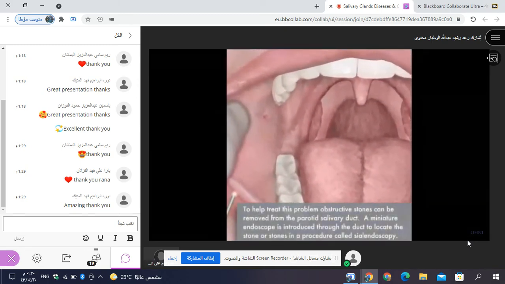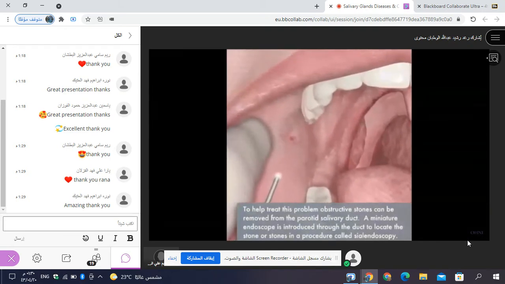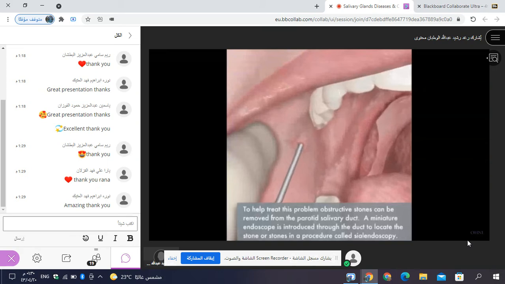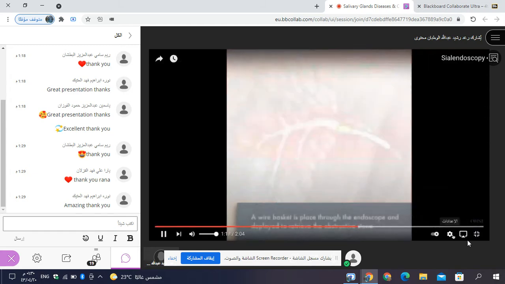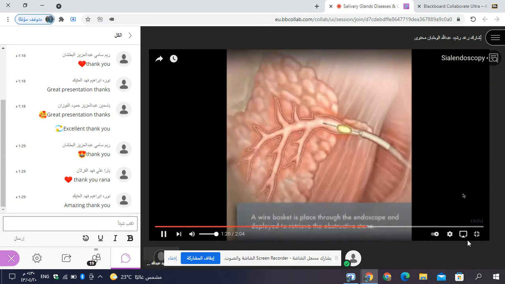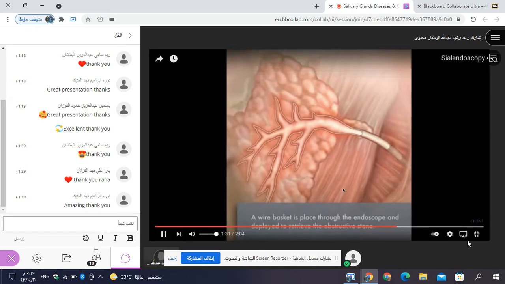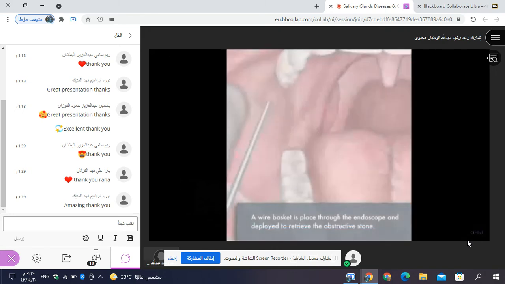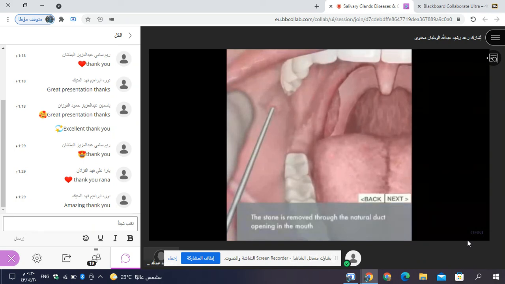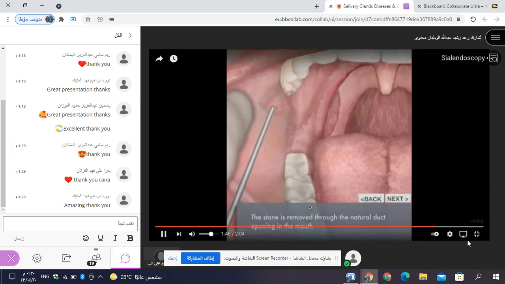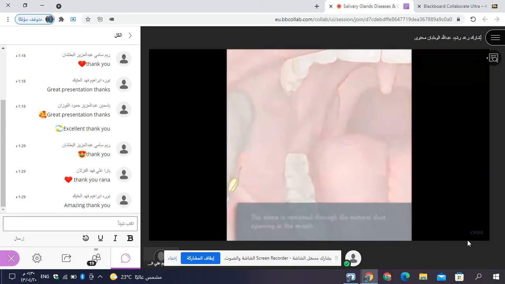Okay, here we insert the semi-rigid endoscope. Okay, thank you. Any question?